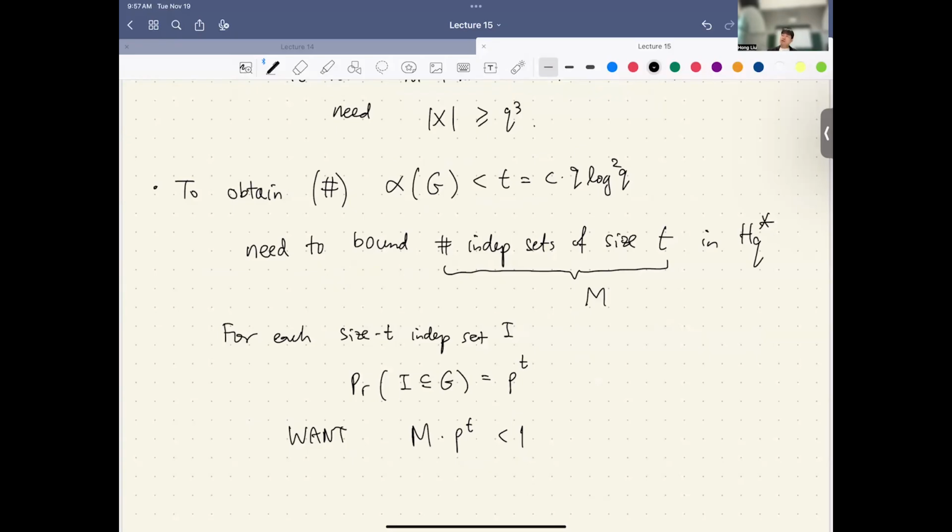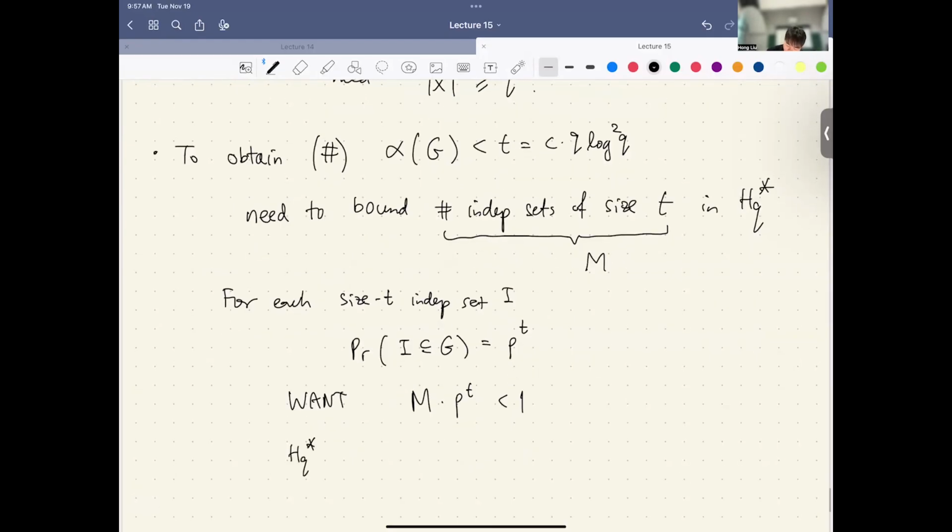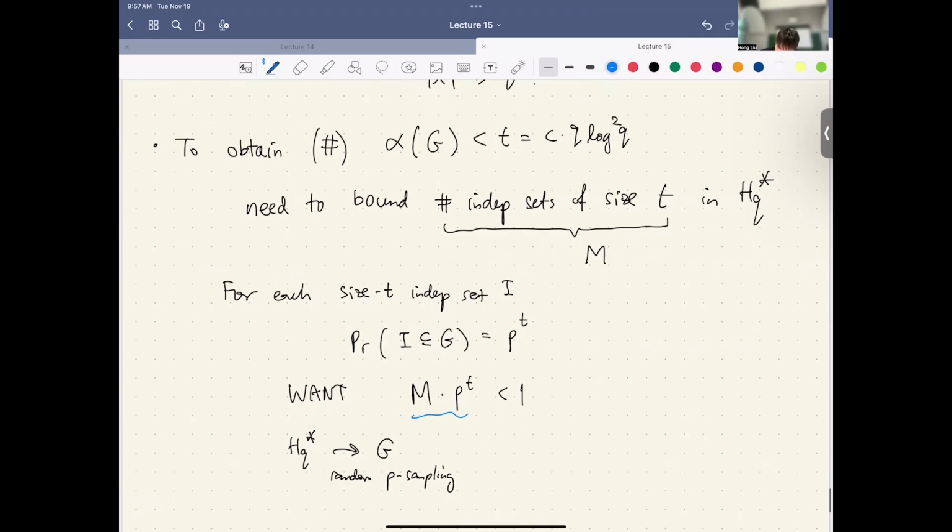That means in expectation, after the random sampling, when you pass from HQ star to G, this random P sampling, this guy is the expected number of size T independent sets in G. And if this expectation is less than 1, that means there exists a choice of G, a choice of sampling, such that the number of size T independent sets is strictly less than 1.